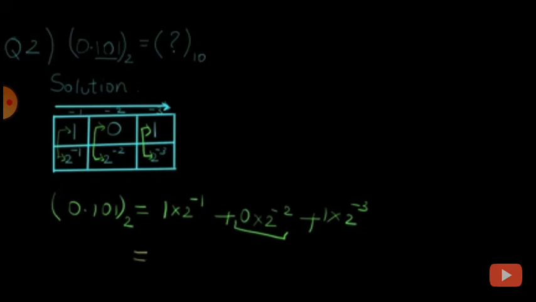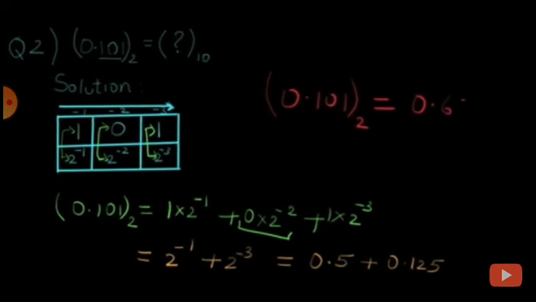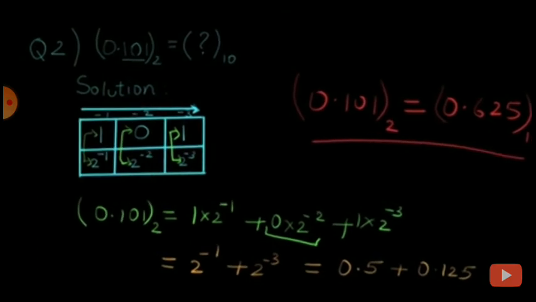So the final value would be 2 raised to minus 1 plus 2 raised to minus 3, which is equal to 0.5 plus 0.125. Now solving this we get our final answer, which is 0.101 binary corresponds to 0.625 in decimal. So now let's move on with the last sum.